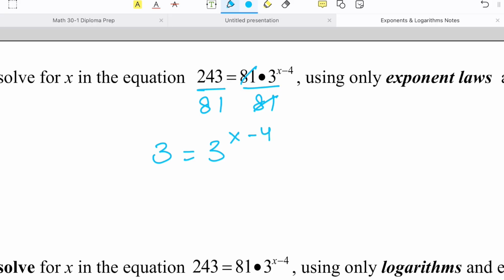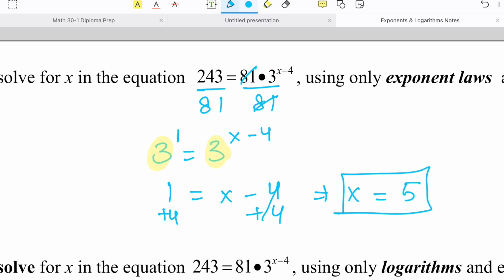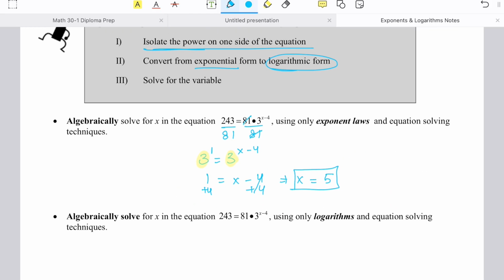Now, when bases are the same, powers are equal. So here our power is 1, so 1 is equal to x minus 4. Add 4 on both sides, we get x is equal to 1 plus 4, which is 5. Okay, you can try the next question.